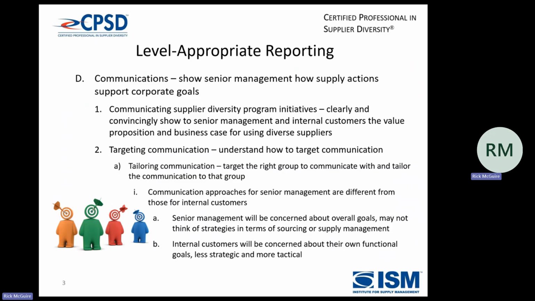Communication approaches for senior management are different from those for internal customers or stakeholders. Senior management will be concerned about overall goals, and may not think of strategies in terms of sourcing or supply management. Internal customers will be concerned about their own functional goals, less strategic and more tactical.